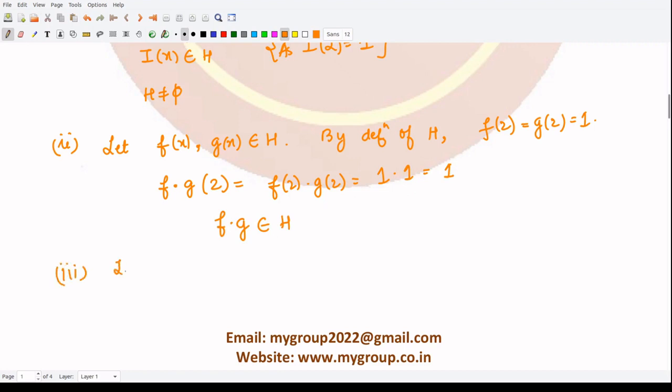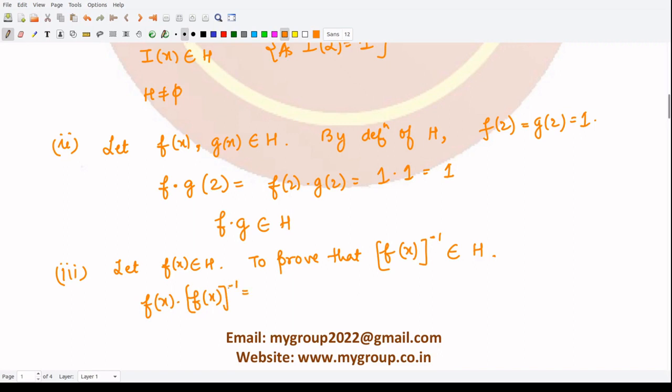For the third property, if we take some function f of x in H, we want to prove that this f inverse of x is also present in H. For this, every function has its inverse, so f of x into f inverse of x is equal to the identity element, which is I of x.